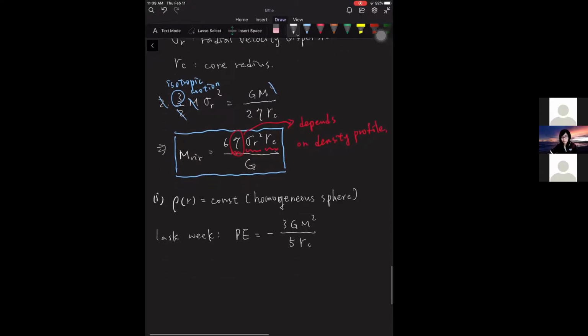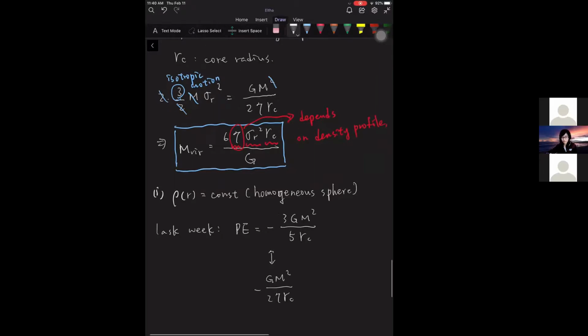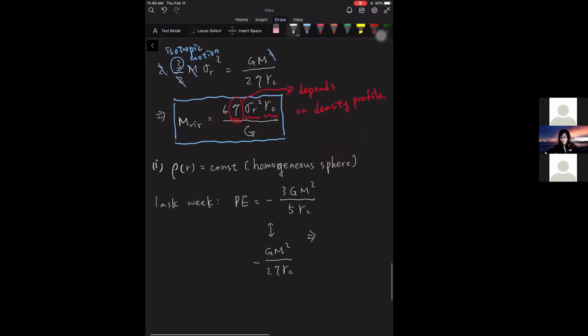And if we compare this with the general form of potential energy, negative G M squared over 2 eta r_c, then we get that eta is 5/6, which is about 0.8. So for a homogeneous sphere, eta is about 0.8.